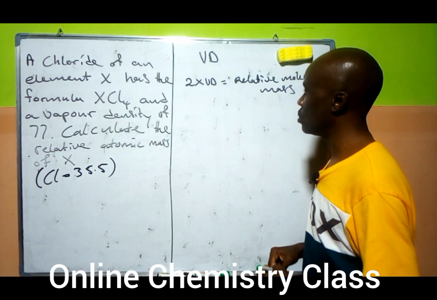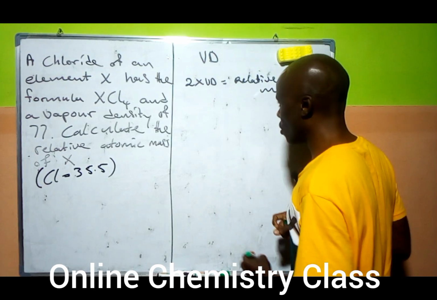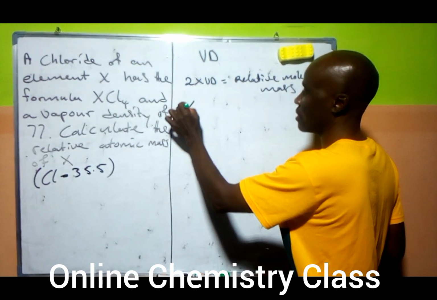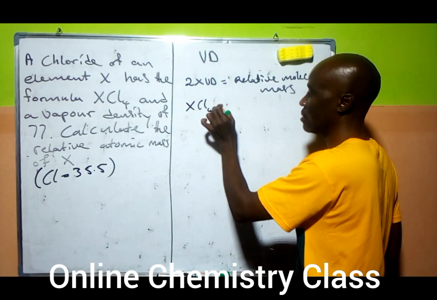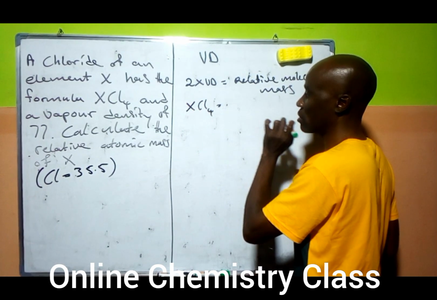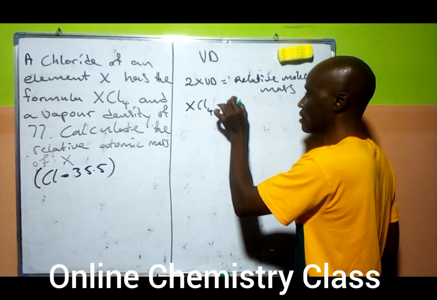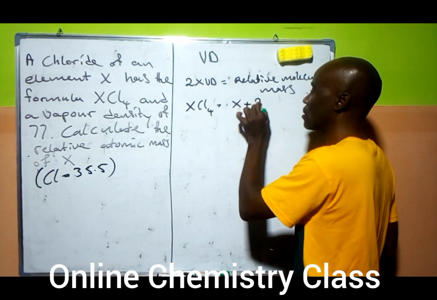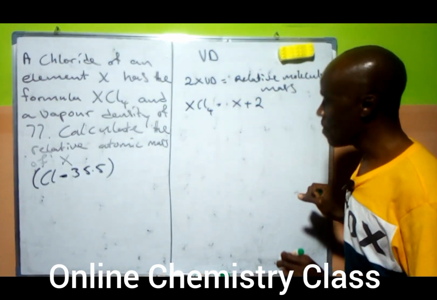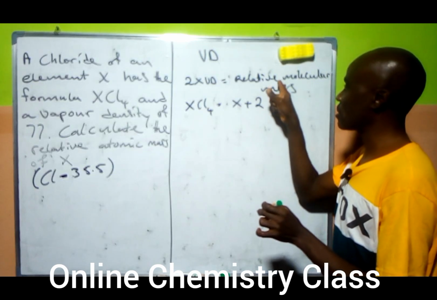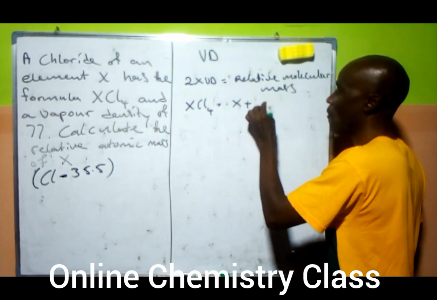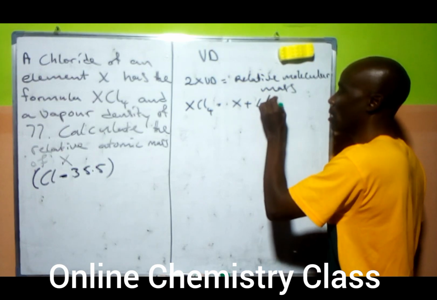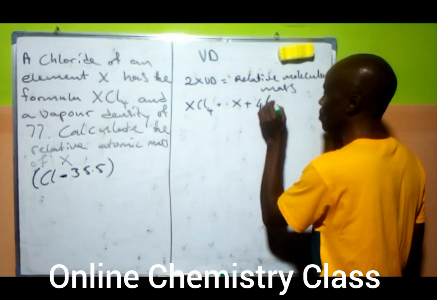So, for us to do this, we also know that XCl4 will give us X plus the chlorine part, that is the relative molecular mass, the same relative molecular mass in question here. We can get it by multiplying 4 by chlorine, which is 35.5.